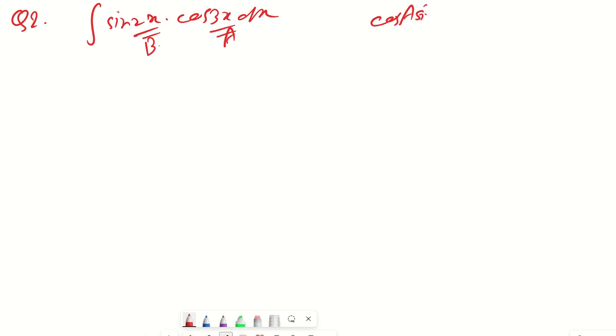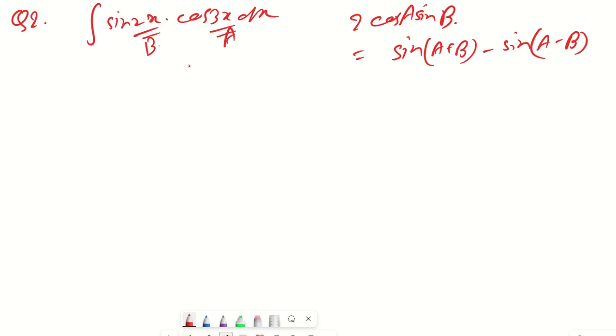You already know that 2 cos a sin b is equal to sin (a plus b) minus sin (a minus b), where a is your 3x and b is your 2x.